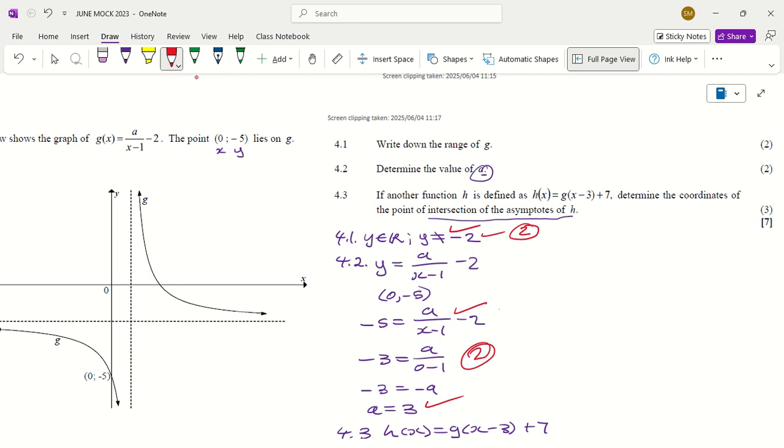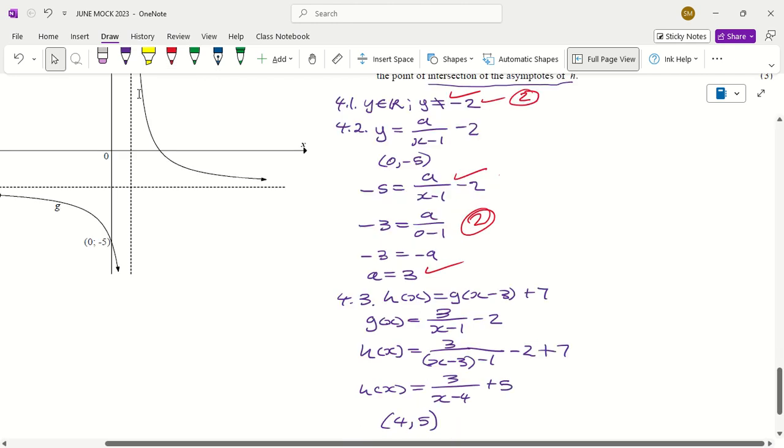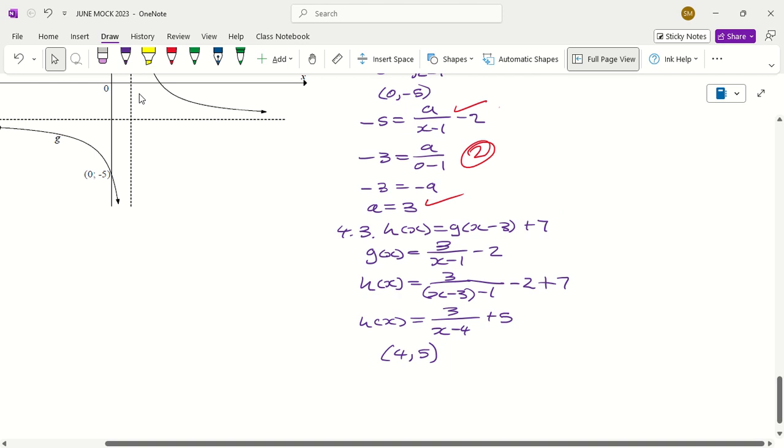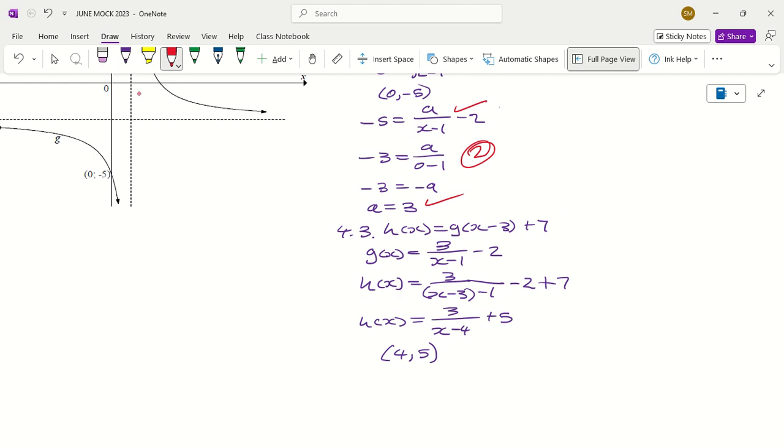Then the last question, which was finding the point of intersection of the asymptotes, you give yourself a mark for the horizontal shift, and then you give yourself a mark for the vertical shift, and then the point of intersection of the two asymptotes, which is equal to 3 marks.